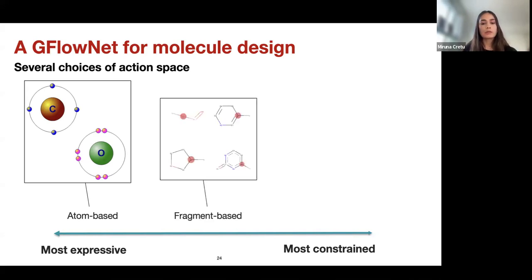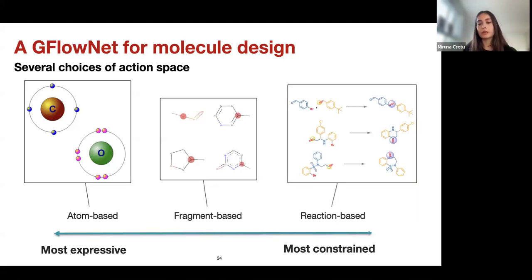We can design molecules at the fragment-based level, where we fragment drug-like molecules into subgraphs and then join them together. Or we can define and design molecules from chemical reactions.